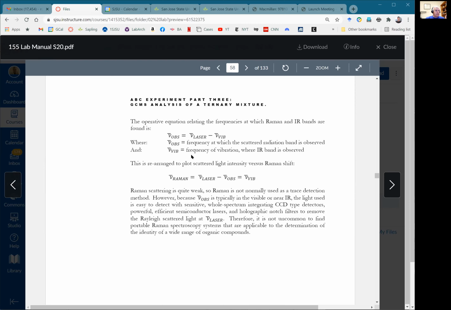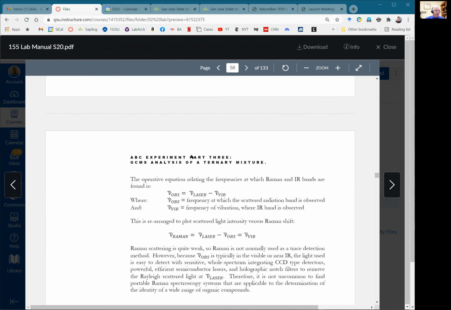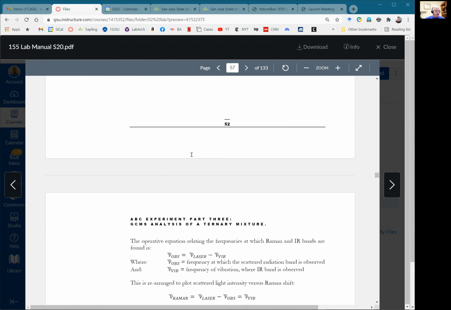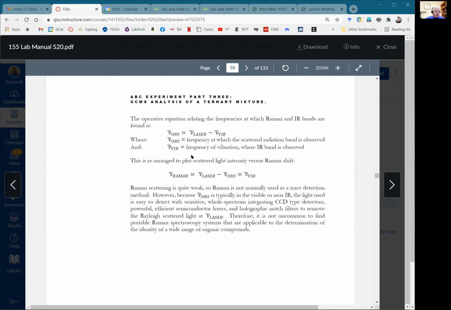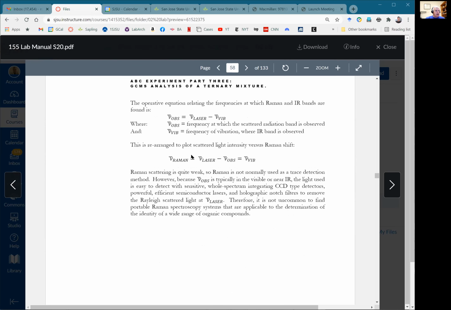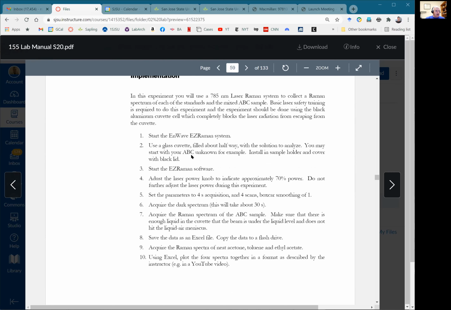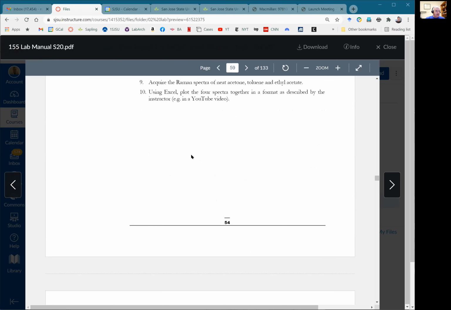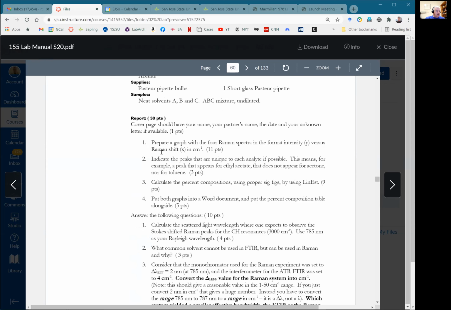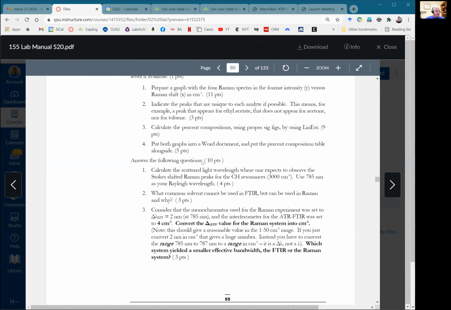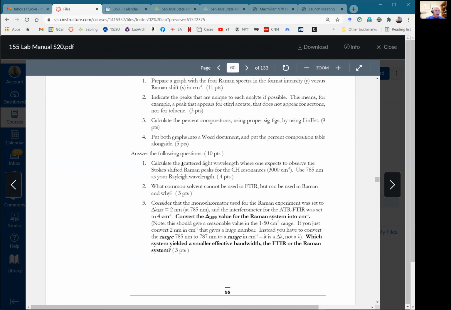Basically the way to do the Raman is to do the Excel like I showed you, and then answer the questions based on it. You basically answer these 3 questions.